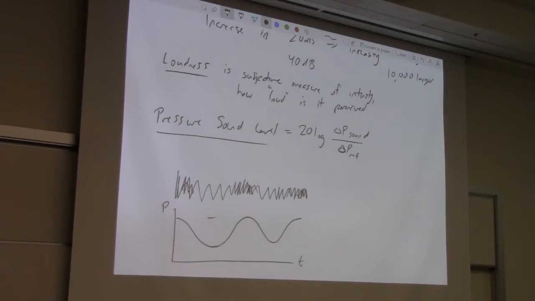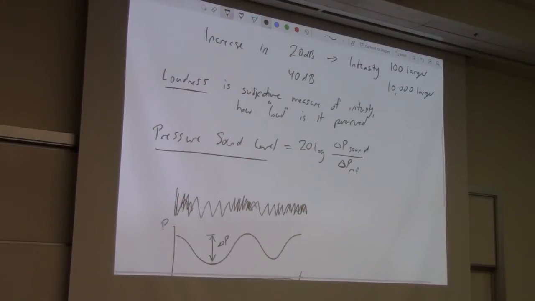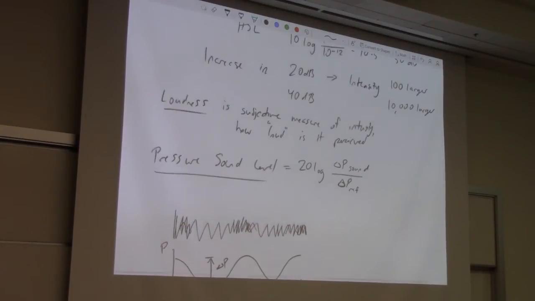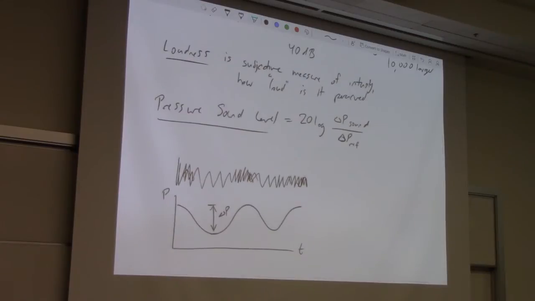So if we measure how tall that wave is, that's our delta pressure. If we wanted to talk about how much energy is in that, it's related to the square of the pressure difference, which explains why we have a 10 times the logarithm when we're talking about energy, but a 20 times the logarithm when we're talking about pressure difference, because one has a square in it.